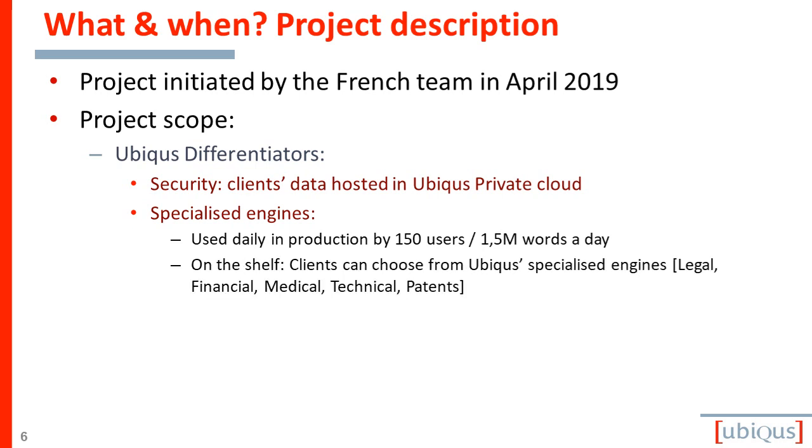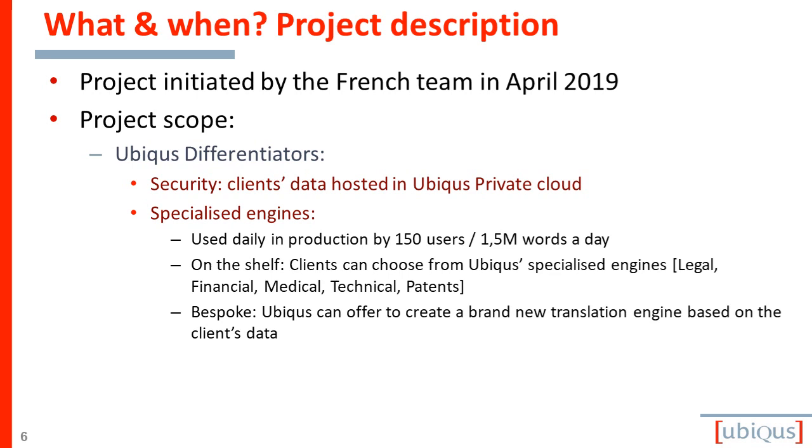So we are going to make available to our clients on the shelf the specialized engine that we use ourselves, in the legal field, the financial field, medical field, technical field, and even with patents. So as a differentiator, clients will be able to have a more specific engine for their specific translation.